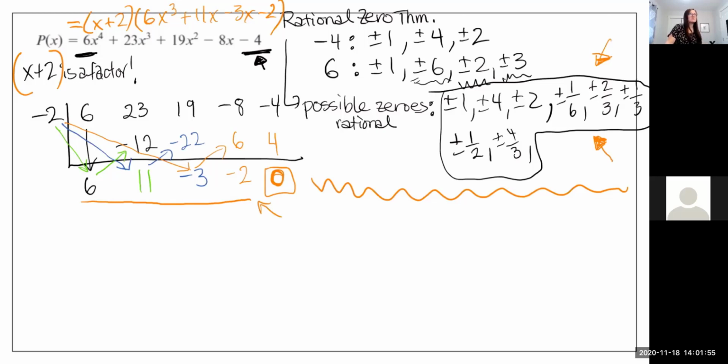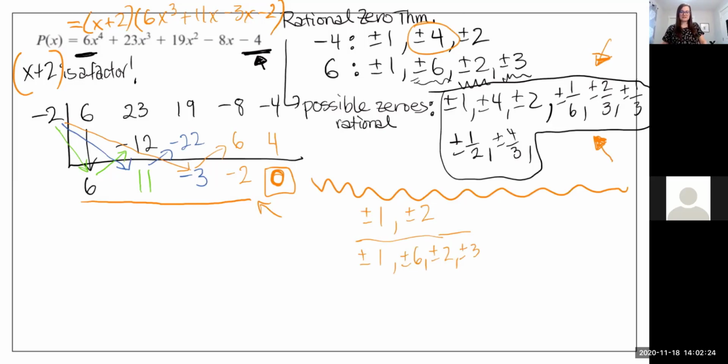That'll reduce some of the possibilities, right? Because now you have plus or minus 1, plus or minus 2 divided by possibilities of plus or minus 1, 6, 2, and 3. So the only thing that's different is that I don't need to take anything that was 4 over something. But really you're just testing a lot of the same numbers.